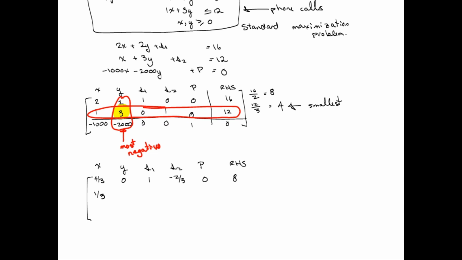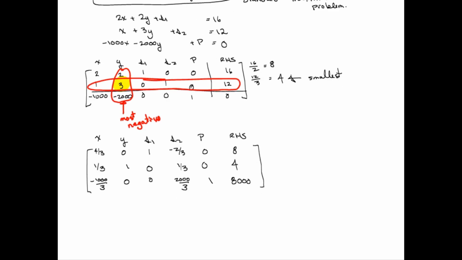Then for our second row, 1/3, 1, 0, 1/3, 0, 4. Third row, negative 1,000 over 3. And you may have this written as a decimal, and that's fine. 0, 0, 2,000 over 3, 1, and 8,000.